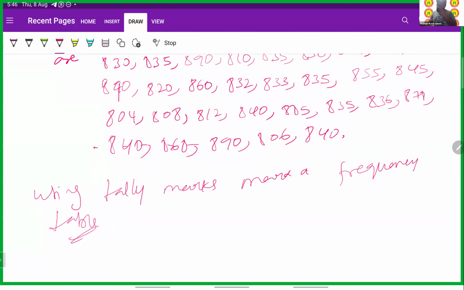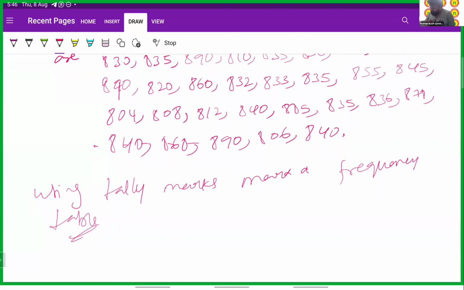And here the intervals are also given: 800 to 810, 810 to 820, and so on.